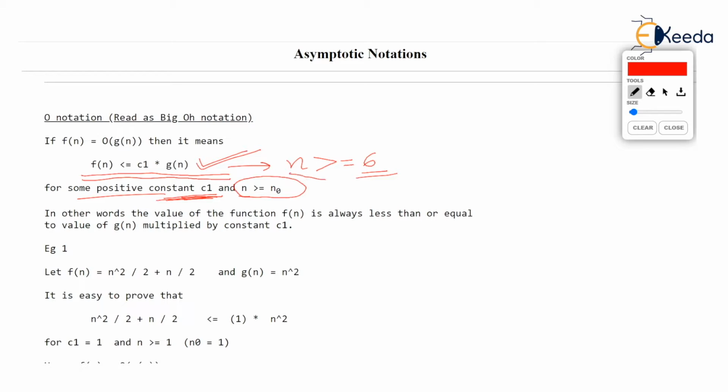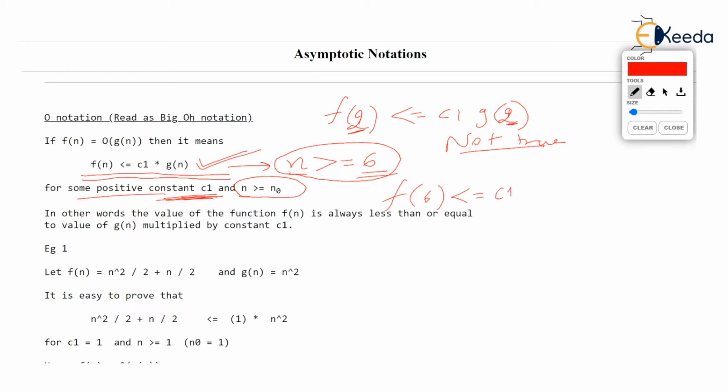Then f(1) less than or equal to c1 times g(1), look, I have put n as 1 here, is not true, or may not be true. Or f(2) less than or equal to c1 times g(2) is not true. But f(6) less than or equal to c1 times g(6) is true. And this will be true forever now for any value of n which is larger than 6 up to infinity.